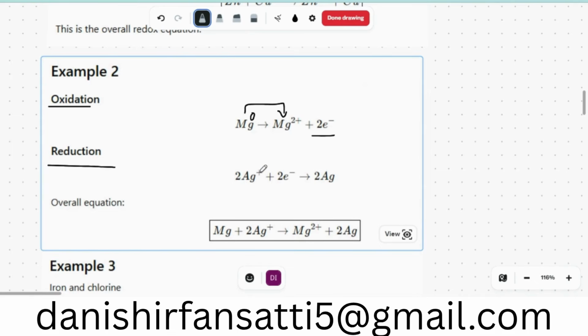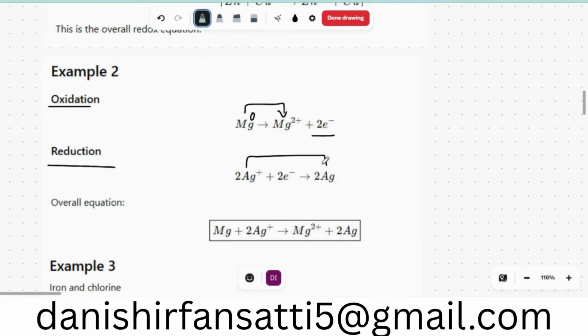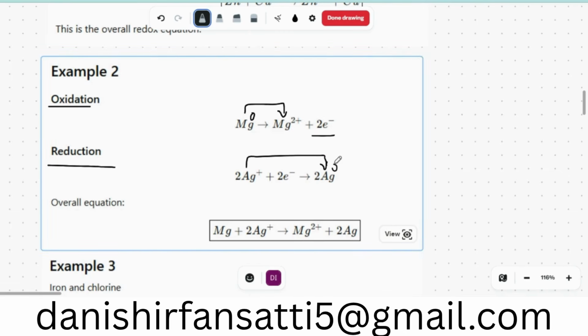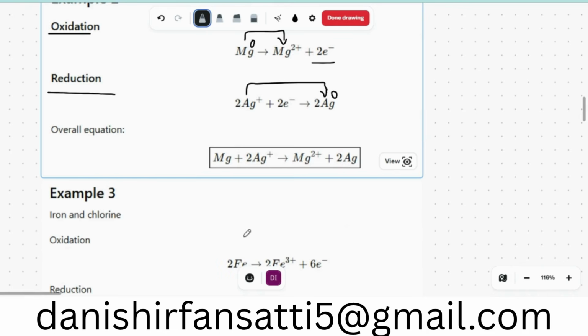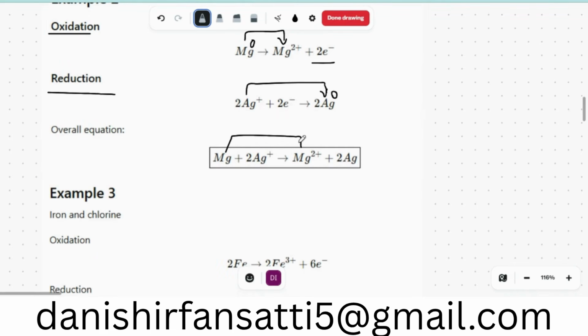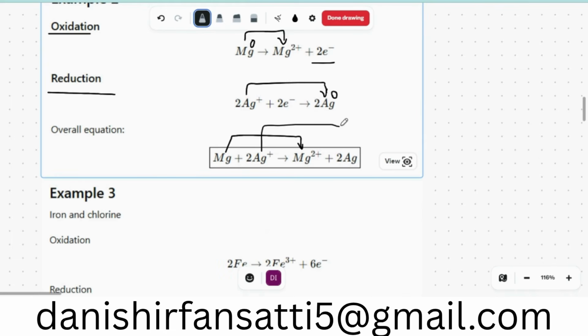So silver ions gain electrons and become silver Ag0. So that is the reduction. Overall, magnesium loses two electrons and becomes Mg2+, and that is oxidation because it loses electrons. Whereas Ag+, which is an ion, gains one electron and becomes Ag0.